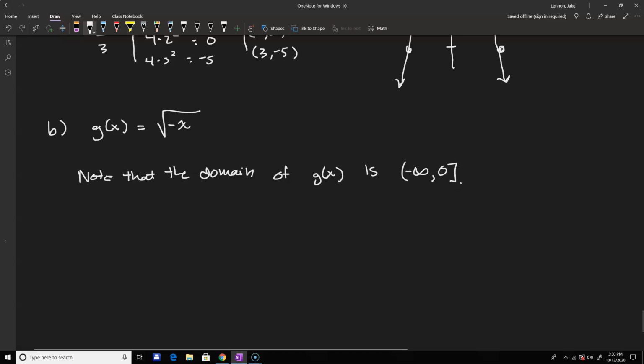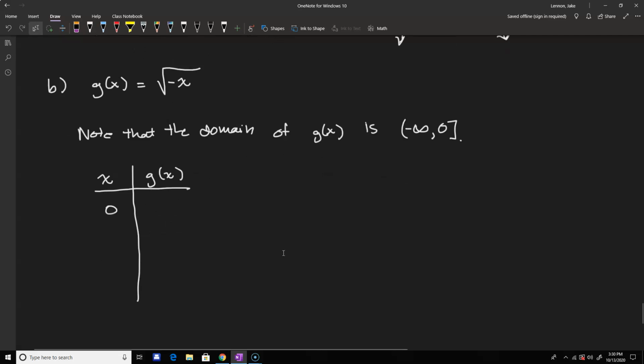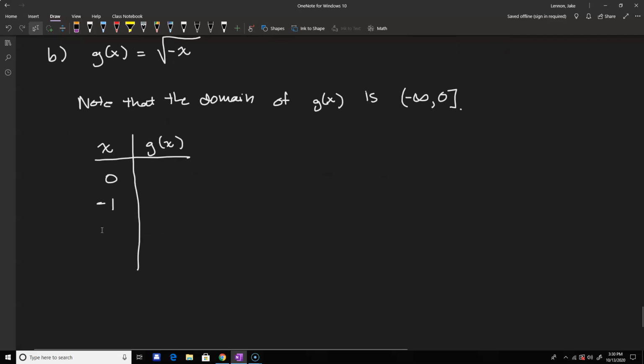So think about why that's true if you can't picture it right now, but let's go ahead and plug some of those values in. Again, since we're taking square roots, we want to be plugging in things that are perfect squares if we're trying to do it by hand. So again, we can do x, g of x, and then we'll write down our ordered pairs. So 0 we can plug in. We can plug in -1, -4, and maybe -9.